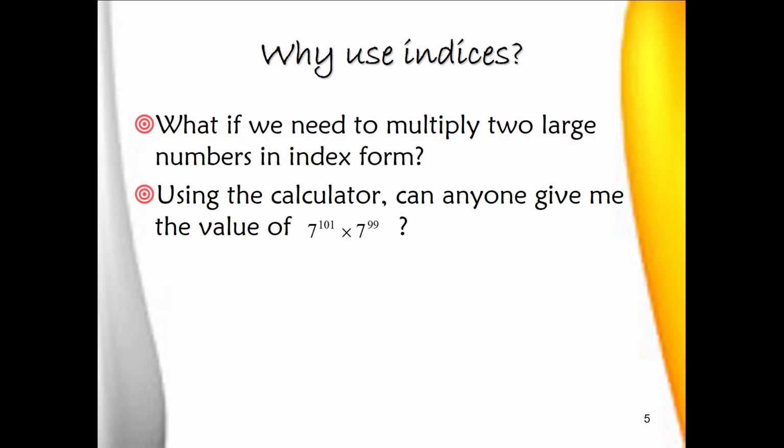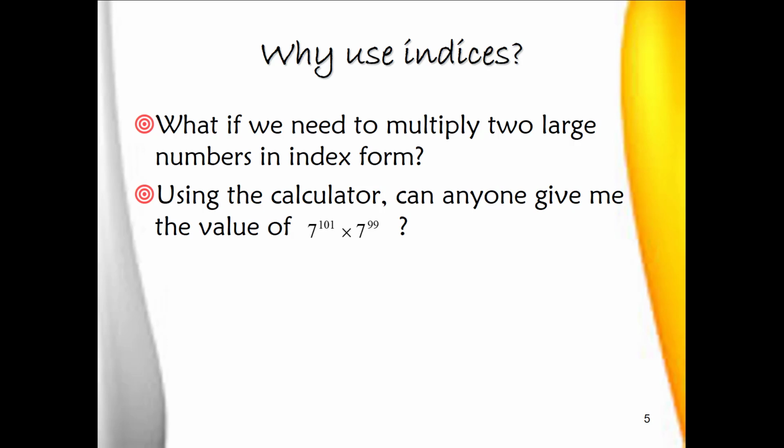So why do we need indices? We need indices when we want to multiply numbers which are big, to indicate something that has repeated itself many times. You can use a calculator to find the value of 7 to the power of 101 times 7 to the power of 99. You will see a maths error.